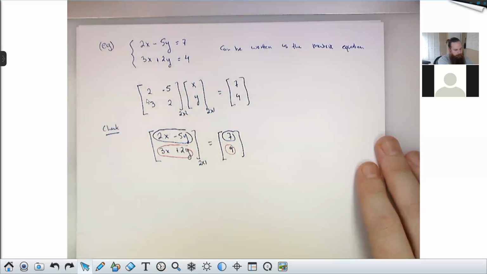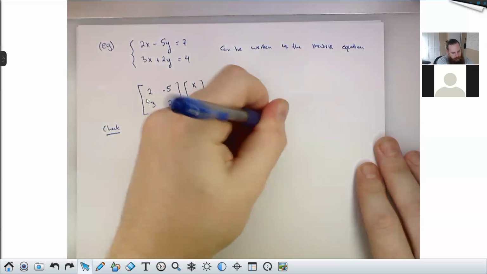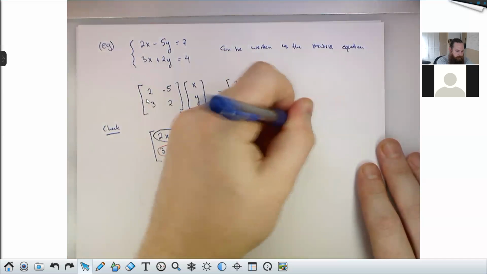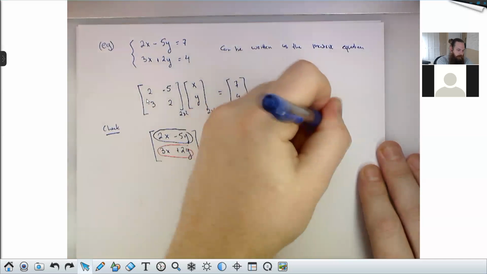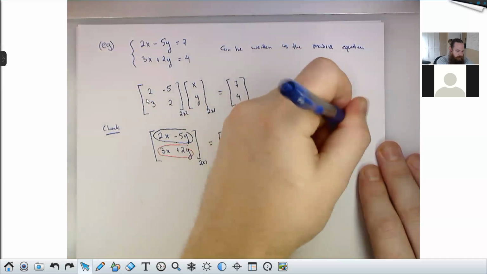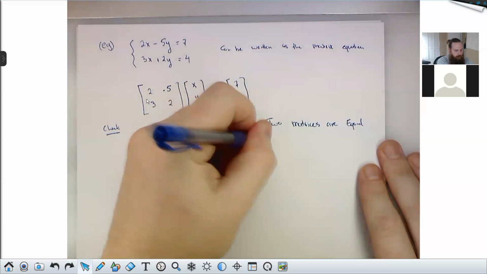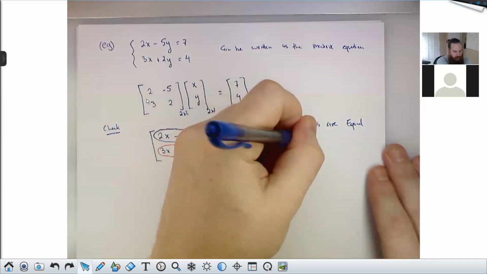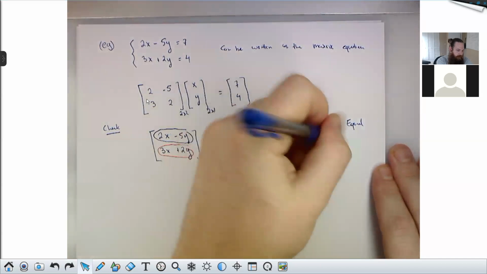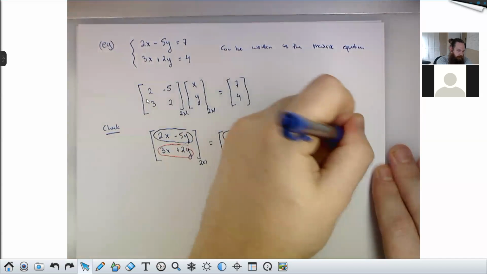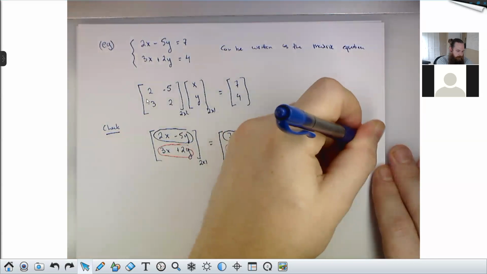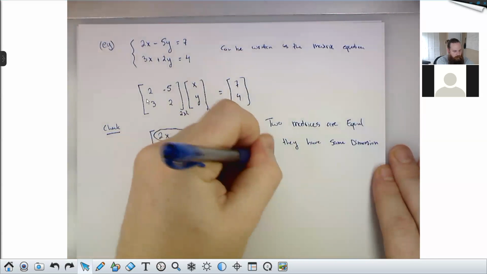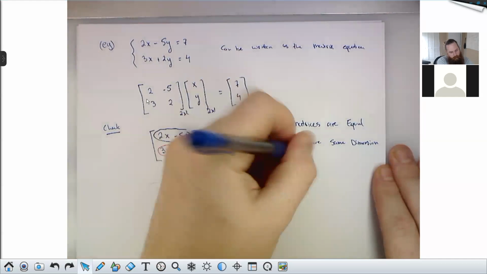In general, two matrices are equal if they are the same size, same dimension, and all same entries.